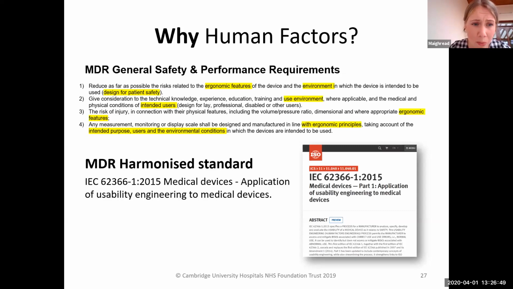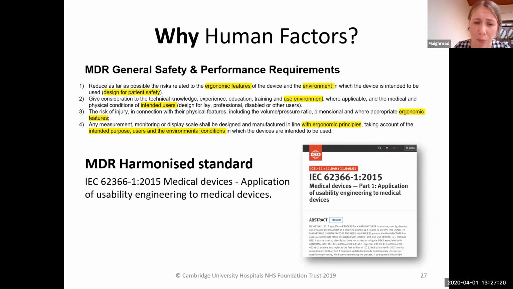It talks about the environment, the intended users, the use environment, the ergonomic features, intended purposes, environmental conditions. So it's very much covered. And even as an in-house device, those requirements have to be complied with. So even for in-house use, you still have to comply with human factor requirements.